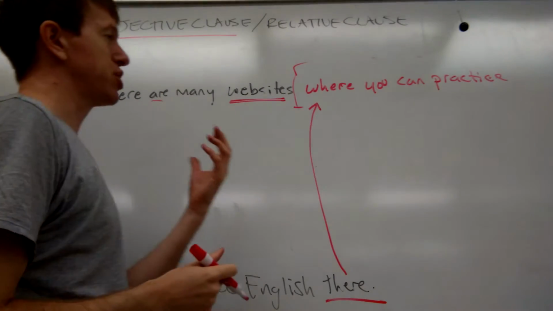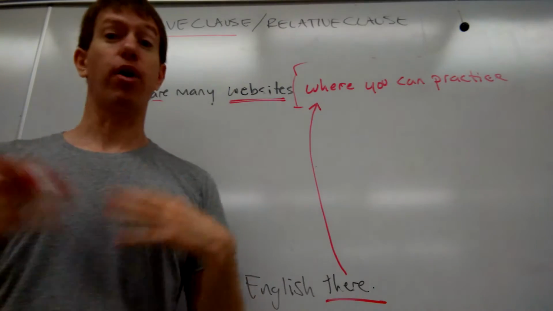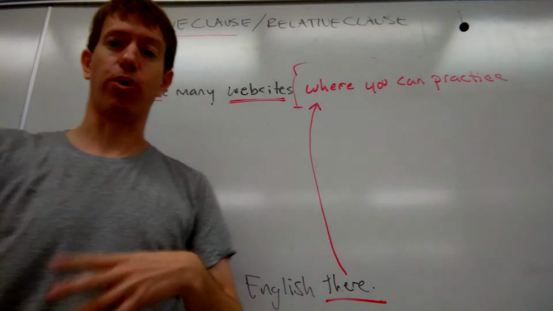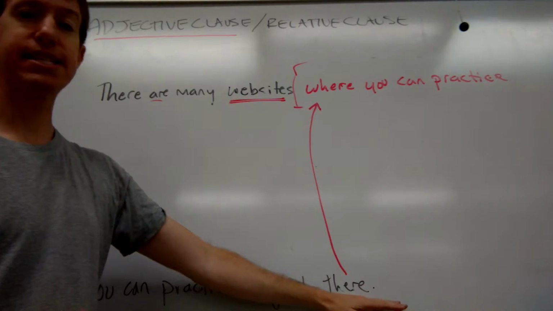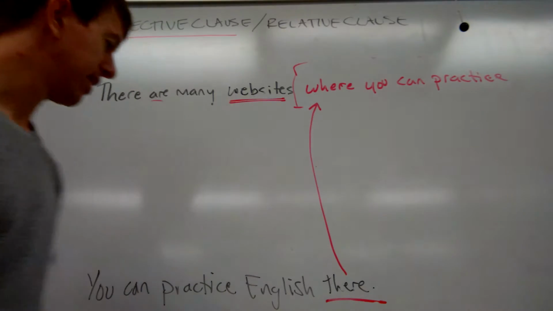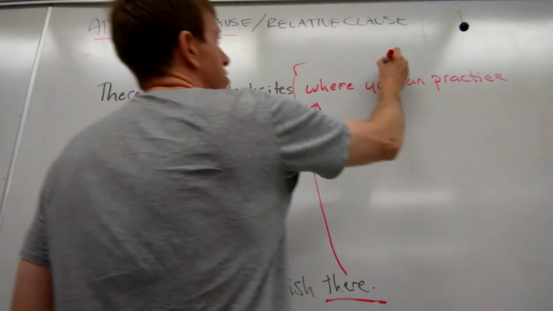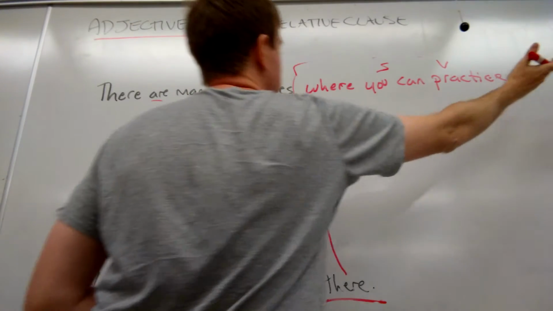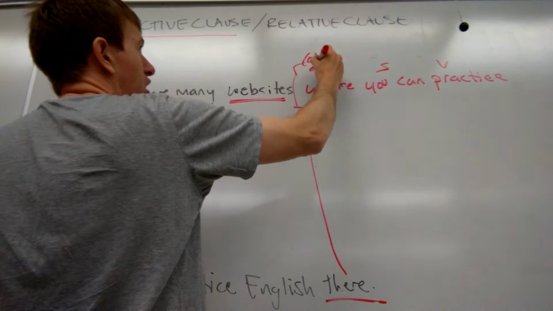This is a location. This is like saying you can practice on the website or at the school or in the school. So you can use where basically to replace there or anything with in or at or on. So here, subject, verb, object might be English. And this means like at the website or on the website.